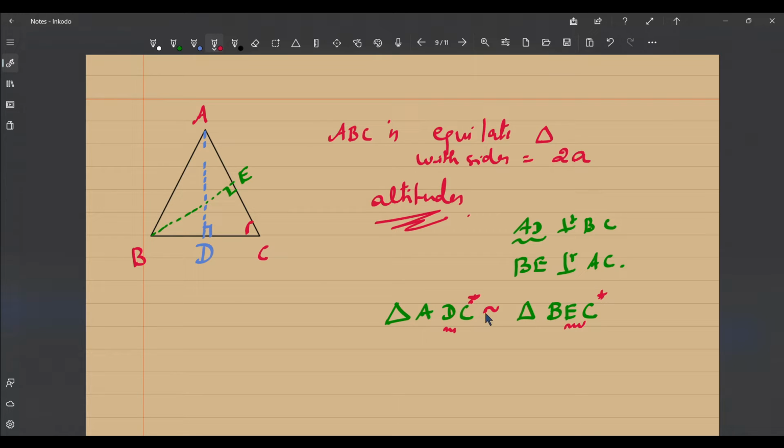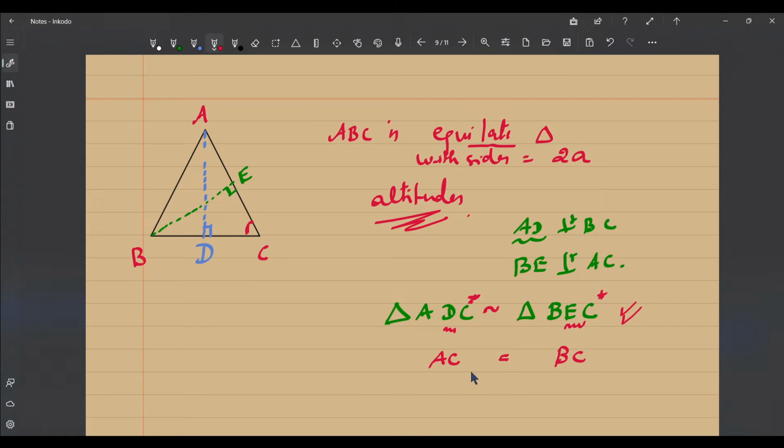And also we find that two sides, here it is BC, and in this triangle it is AC. These two are sides of triangle ABC, and they are equal to one another because we are talking about an equilateral triangle. So AC is equal to BC. In these two similar triangles, the corresponding sides are equal.